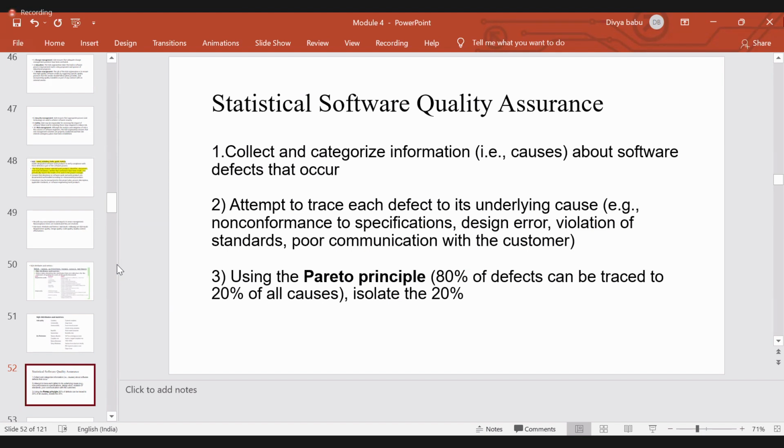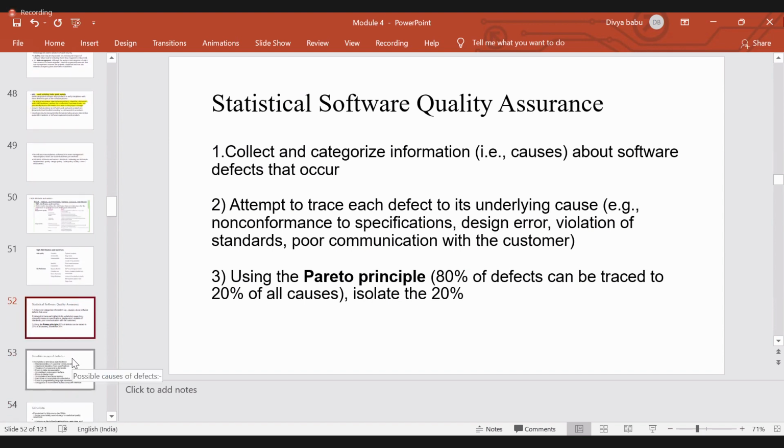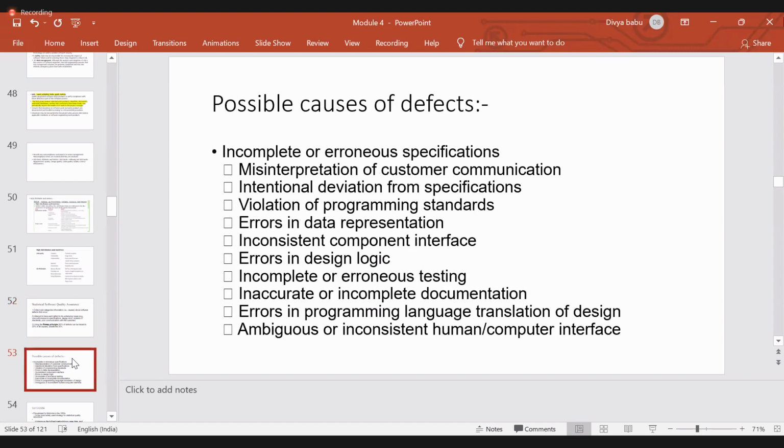The main purpose is to find out and trace the underlying causes: non-conformance to specification, design error, violation of standard, poor communication with the customer. These are the possible causes of defects in a software system.